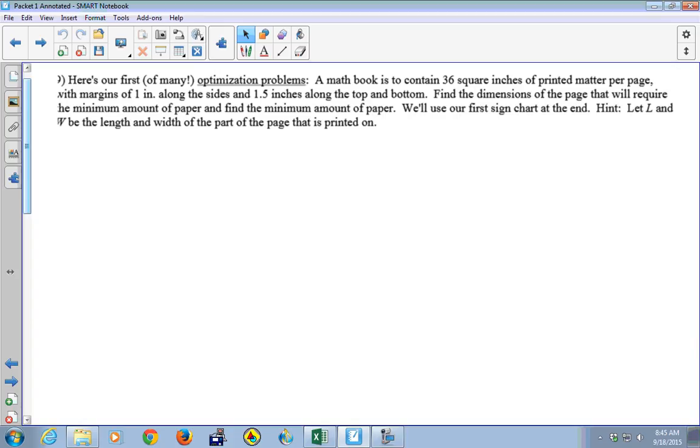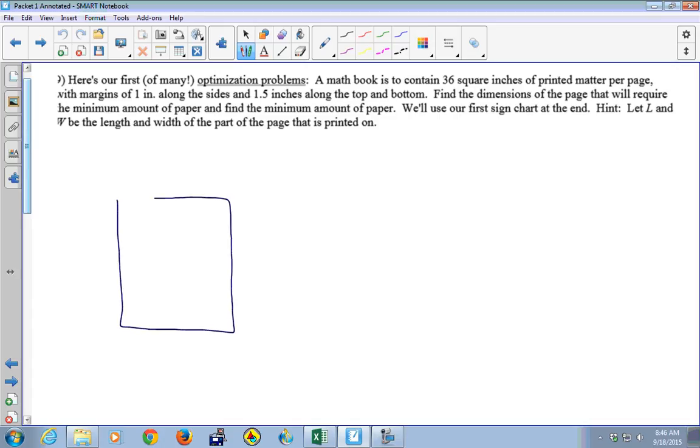We're going to let L and W be the length and the width of the part of the page that is printed on. All right, so a good place to start with these things when it's geometric is to draw a picture of it. So this is the printed part of my page.